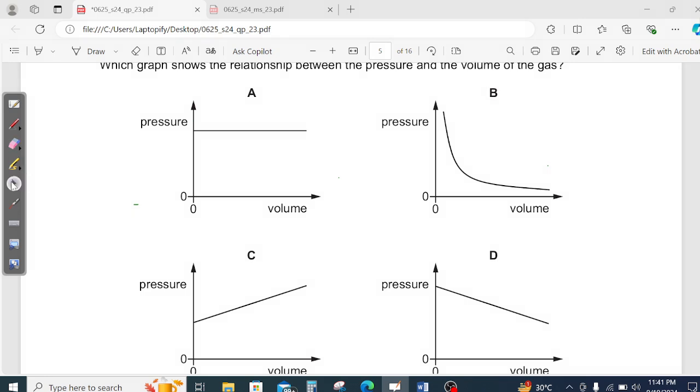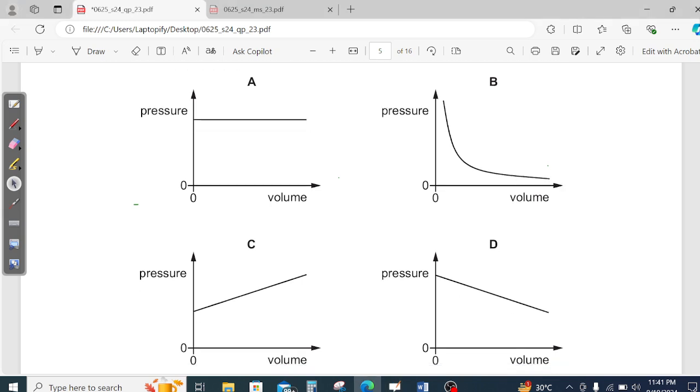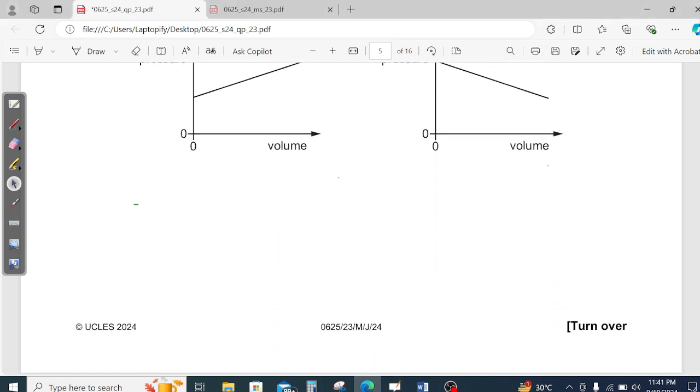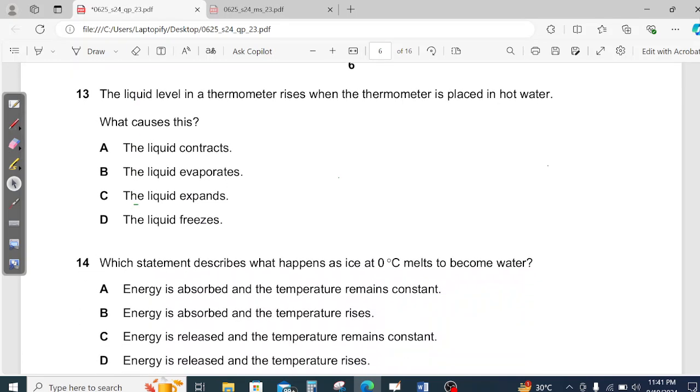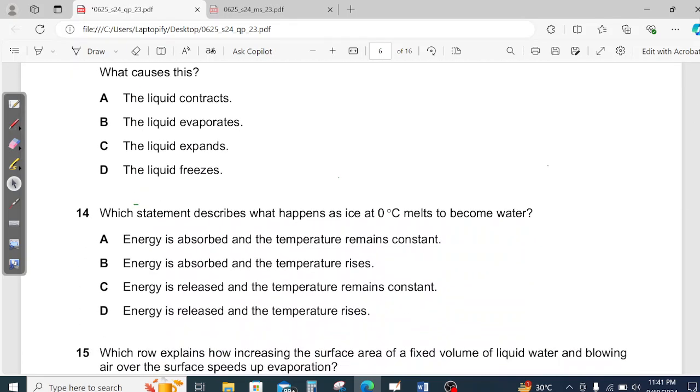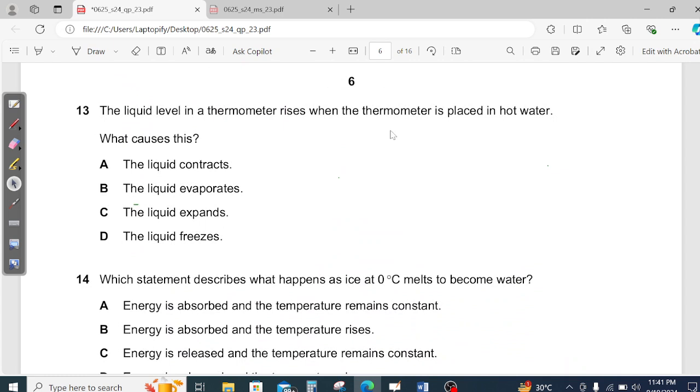Now I will solve around question 13 to 14 here, because I have divided all the papers into 3 portions, otherwise your video will be very large. Question number 13: the liquid level in the thermometer rises when the thermometer is placed in hot water.